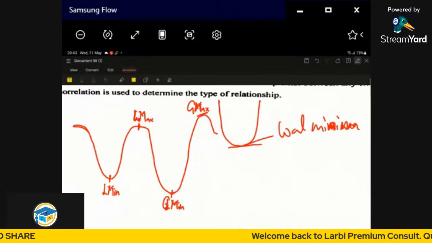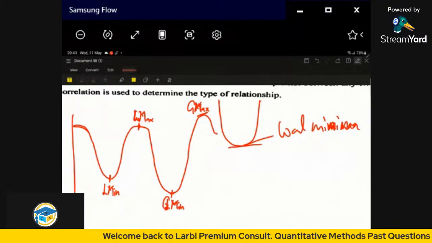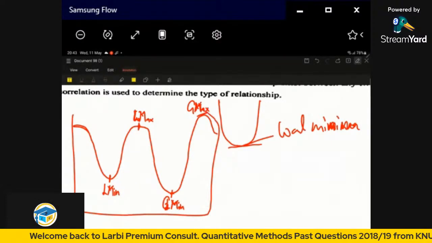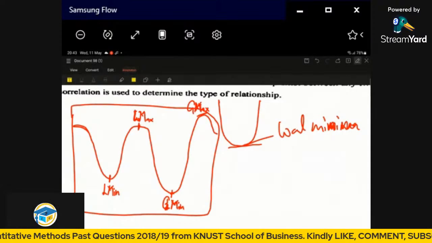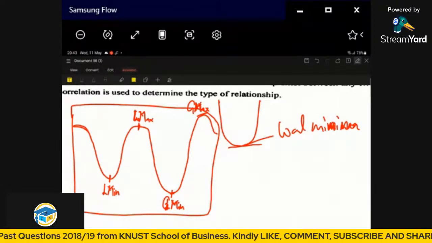But if we're having a curve of this nature, as I've already indicated here, that's where we can have a number of points as our local maxima, local minima, global maxima, and global minima. Is that okay?